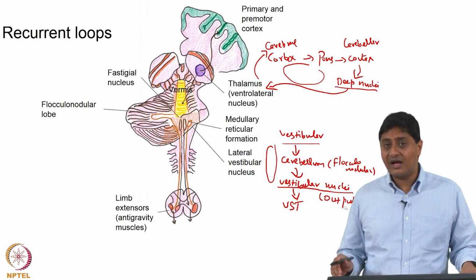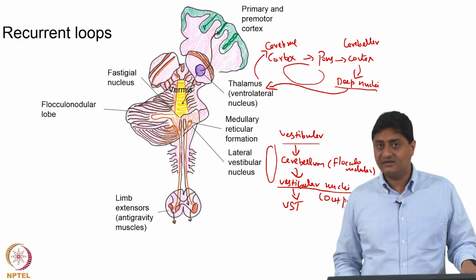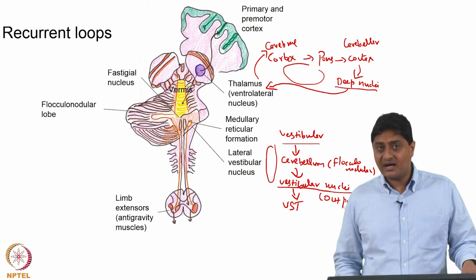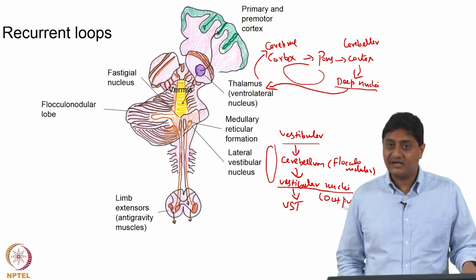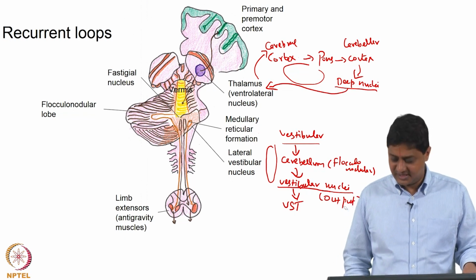So, although the vestibular nuclei are located outside the cerebellum, they actually act functionally similar to the deep nuclei of the cerebellum, acting as an output structure of the cerebellum. Okay.